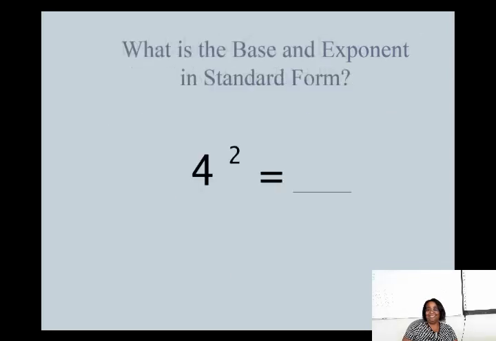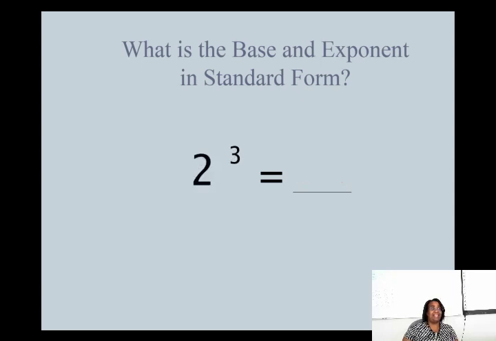Okay. All right, so what would 4 to the 2nd power be in standard form, or evaluated? 4 times 4, which is 16. So when I ask for the standard form, or I ask for you to evaluate it, you're going to actually solve the power. What would 2 to the 3rd power be?